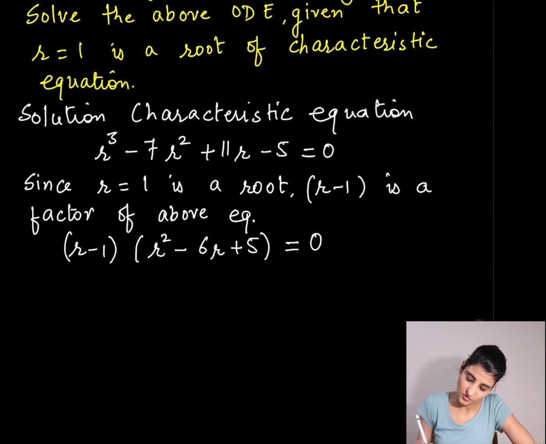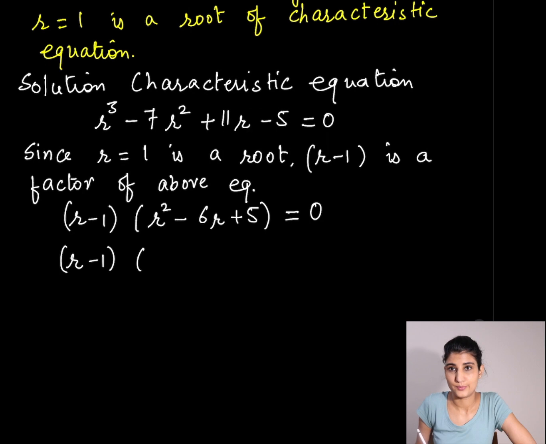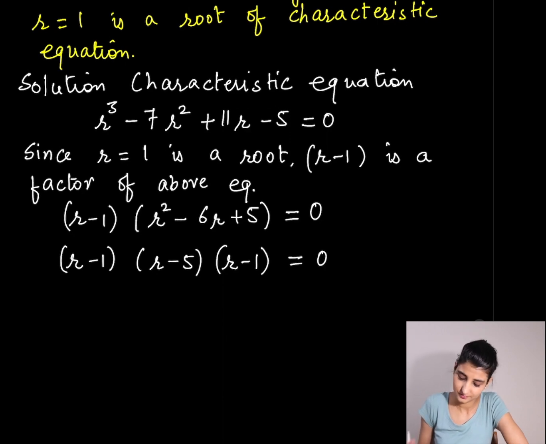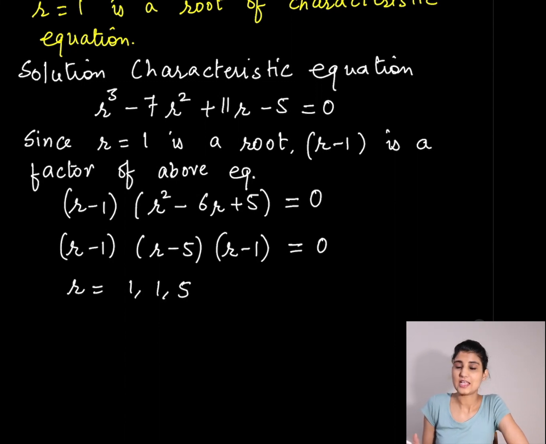Okay, so now we want to factorize this equation little more to find out the roots. Minus 6 can be written as minus 5 plus minus 1. So r minus 5 and r minus 1 are two factors. So from here we got 1, 1 and 5. These are three roots of our characteristic equation.